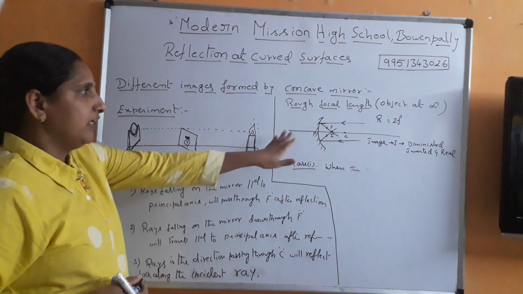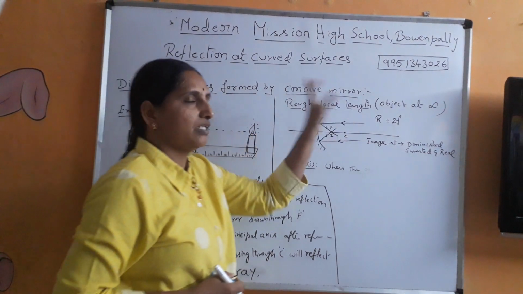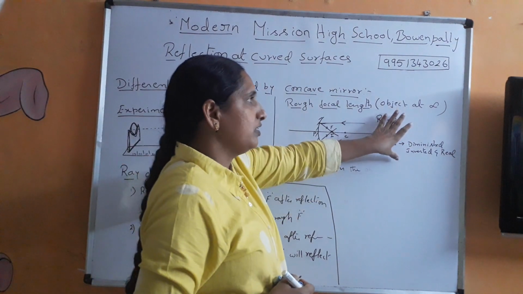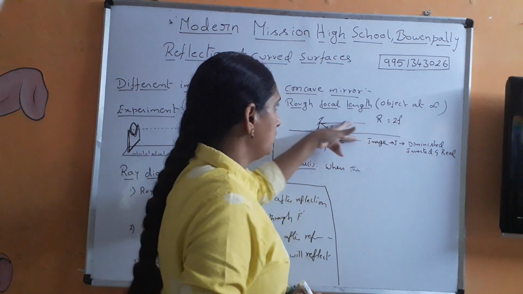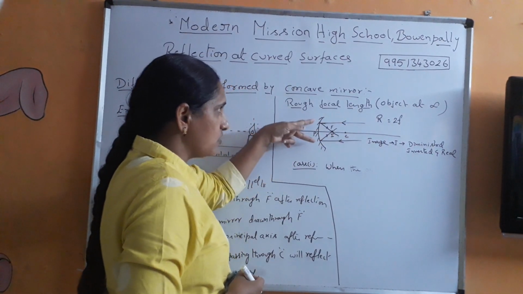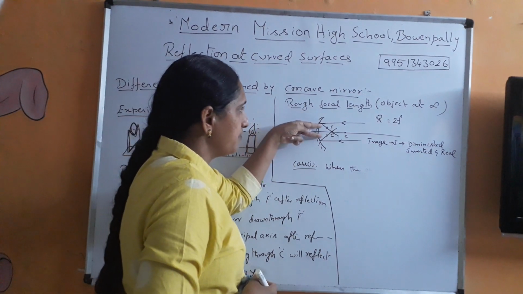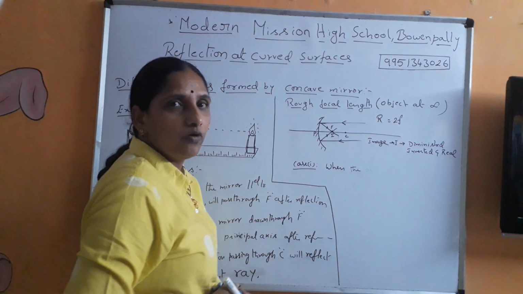Now coming to the ray diagram. For the rough focal length, where are we taking it from? From infinity, that is, from the sun. Rays parallel to the principal axis are focused here. After reflection, they converge at a point, the focus, and the image is formed at that point.